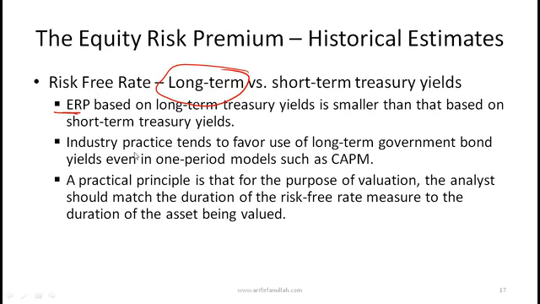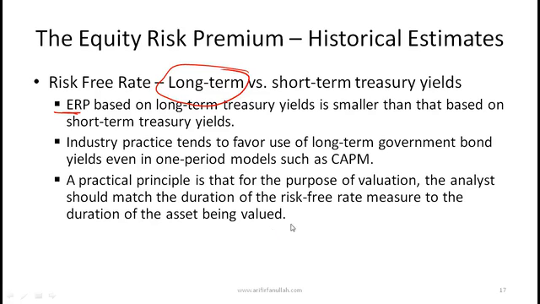Industry practice tends to favor the use of long-term bond yields, even if you are using a one-period model such as CAPM. A practical principle is that for the purpose of valuation, the analyst should match the duration of the risk-free rate measure to the duration of the asset being valued. Does that make sense?